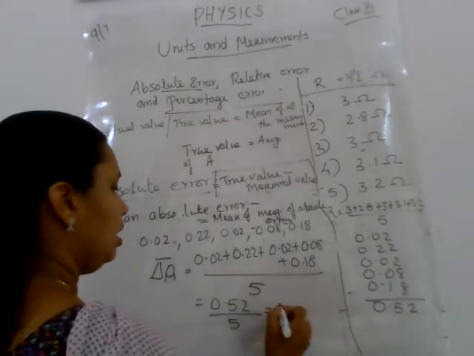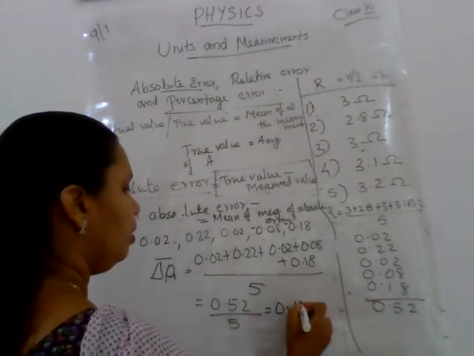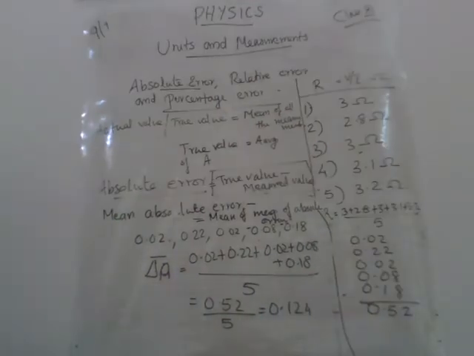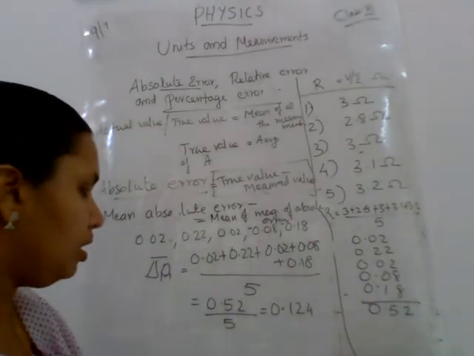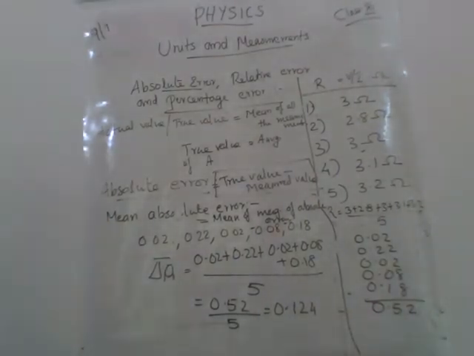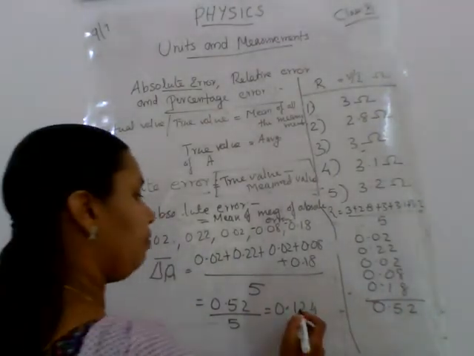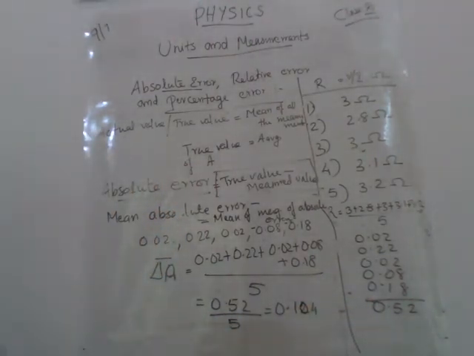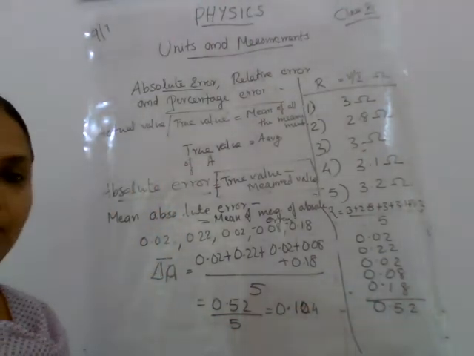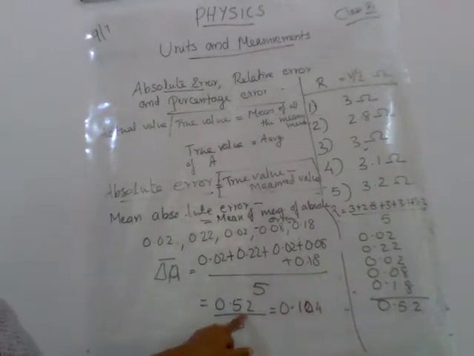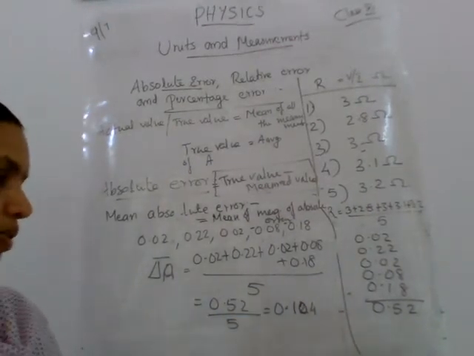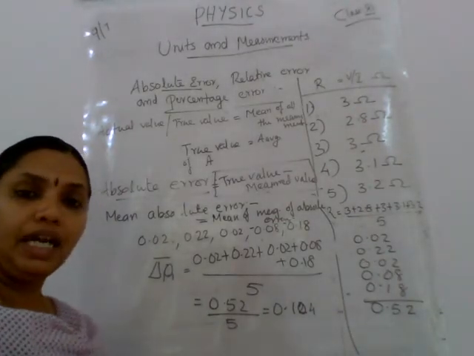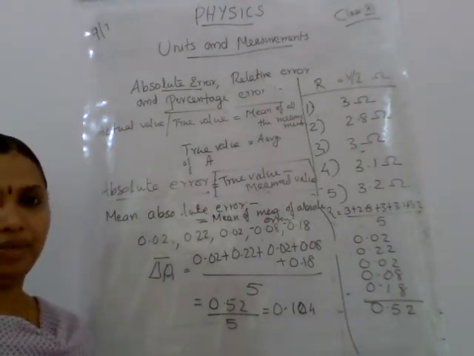So how much is it? 0.104, not 0.124, 0.104 is the mean absolute error. Isn't it? 5, then 2 zeros, 4. Okay. 0.104 is the mean absolute error.